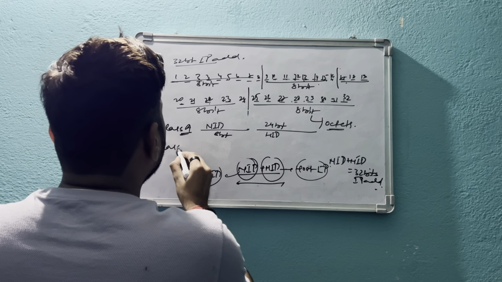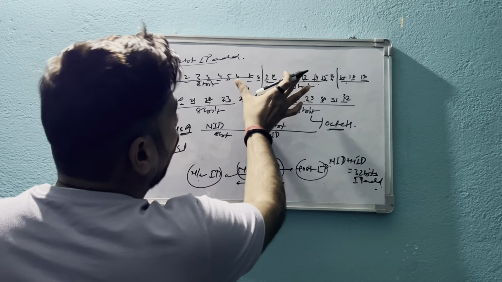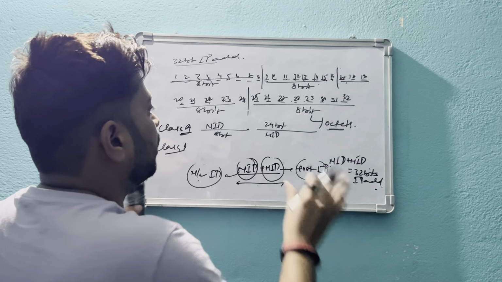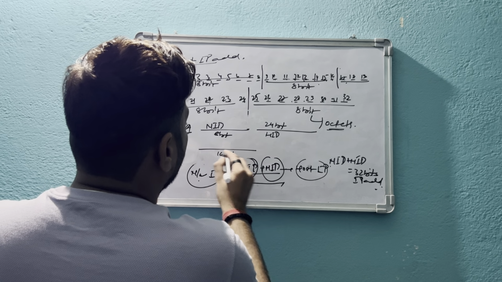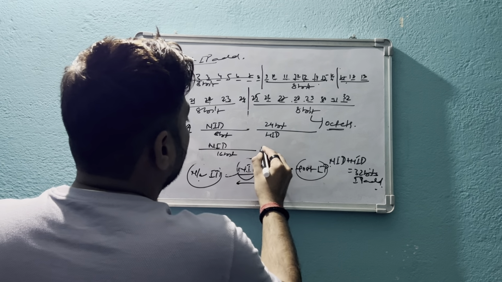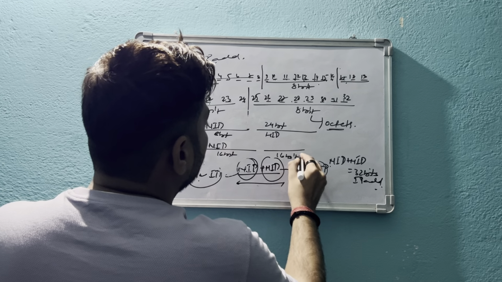Similarly, in class B, we assign 2 octets to the network ID and the rest to the host ID. So basically it's 16 bits to the network ID and 16 bits to the host ID.